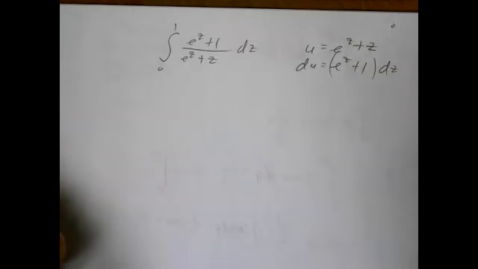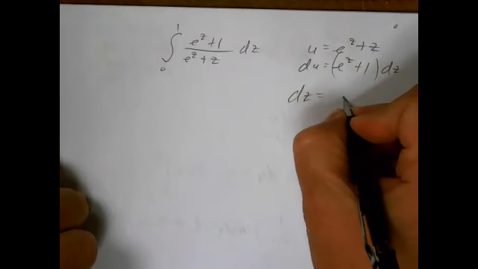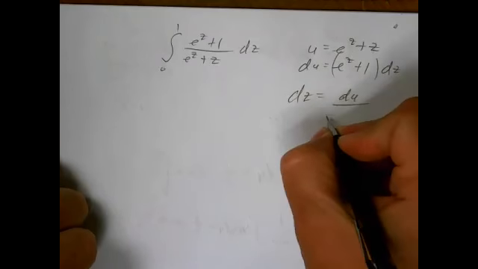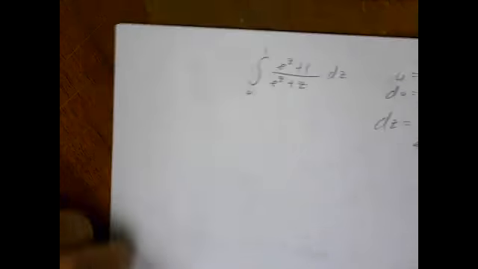Yep, now that works better. So dz is equal to du over e to the z plus 1. Yeah, that falls into line a lot better.